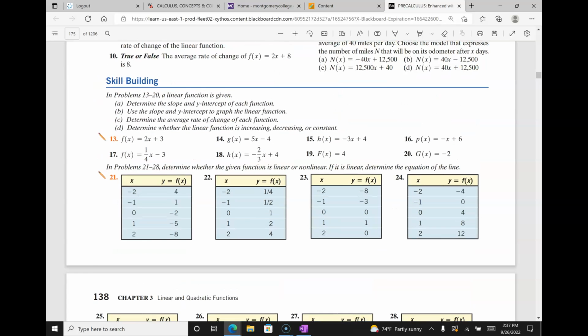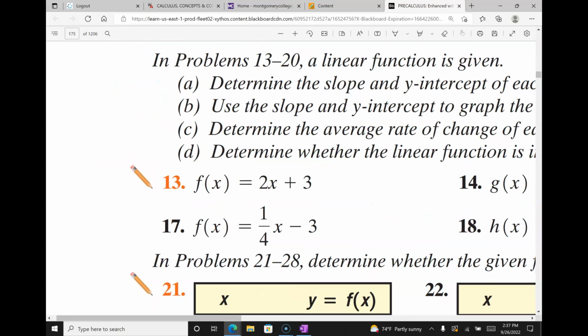So just looking at number 13, pretty simple, right? I'm going to begin on 3 on the y-axis. I'm going to move up 2 over 1, up 2 over 1, right? Yes, you with me there? So determine the slope and the y-intercept, right?